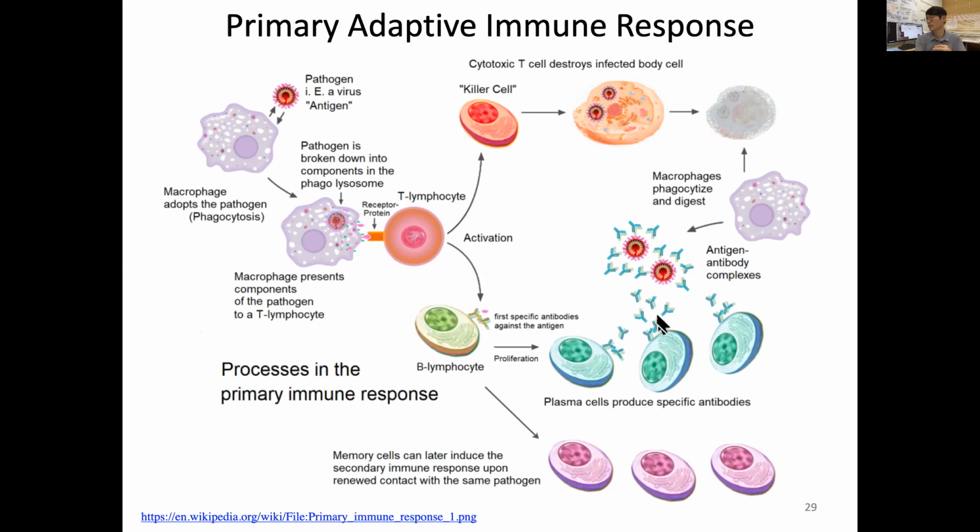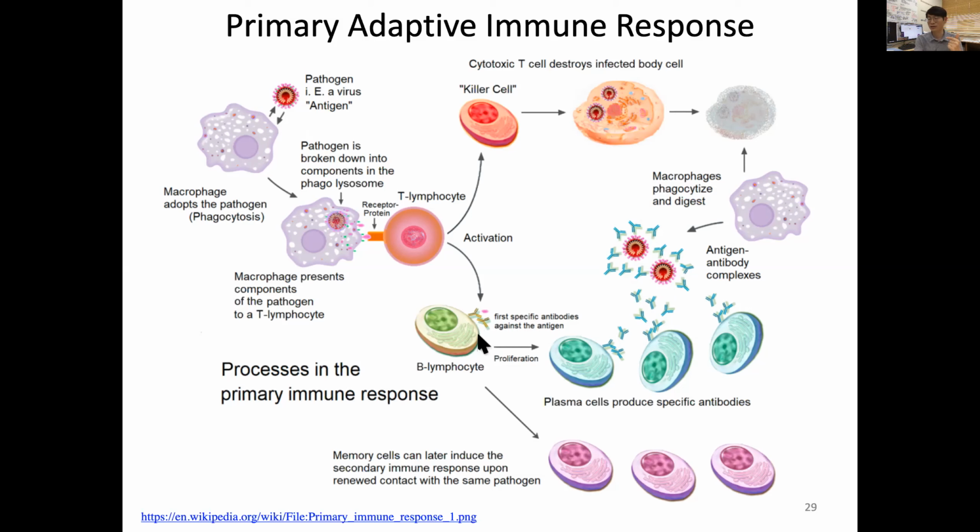Many antibodies can attach and label these antigens, which, as you already remember, opsonizes them, such that macrophages prefer to phagocytose these ones, and also neutralizes them, along with many other functions of these specific antibodies.